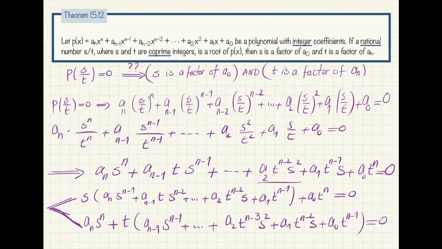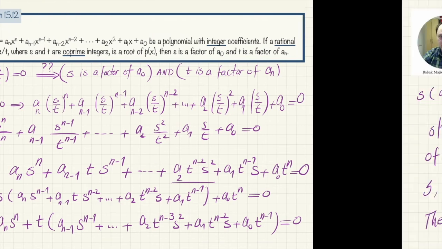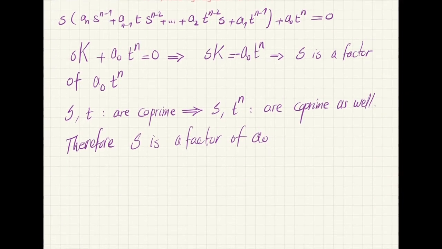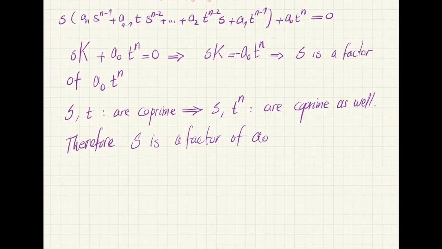This time, t is a factor of the leading term an. Okay, so the crucial point here is that if s and t are coprime, s and t to the power of n are also coprime, but this is clear. Let me repeat it. S and t are coprime. It means that the only common factor between S and T is 1.